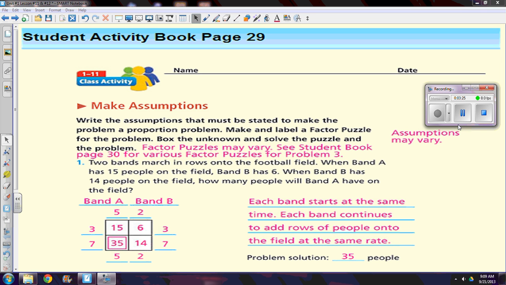So you're making the assumption that they start at the same time, that band A comes in at the same time band B does, and you're making the assumption that each band continues to add rows of people onto the field at the same rate of that 5 to 2. That's what you have to assume for this factor puzzle.